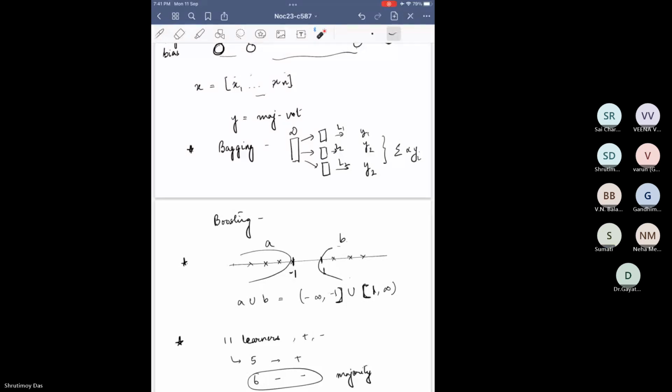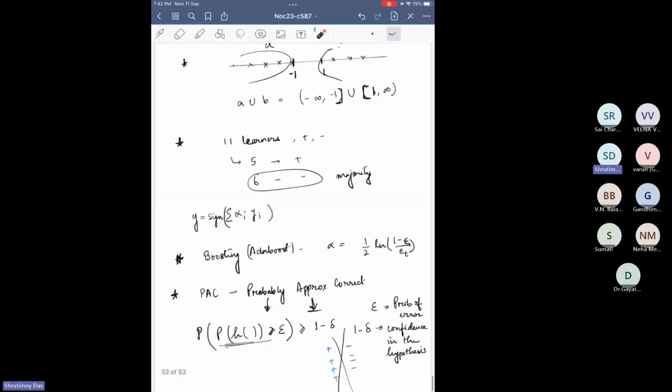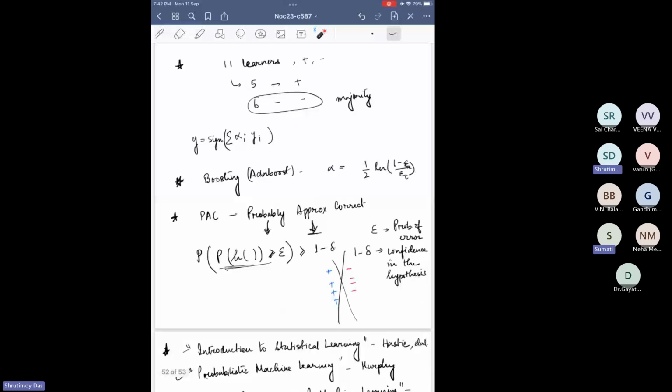Sir, can you tell about the sample complexity for finite hypothesis space? Only that finite part. Okay, so we are looking at PAC type of models, right?